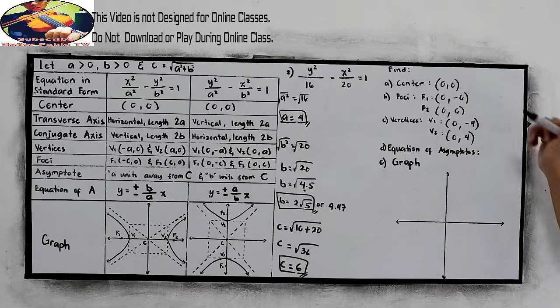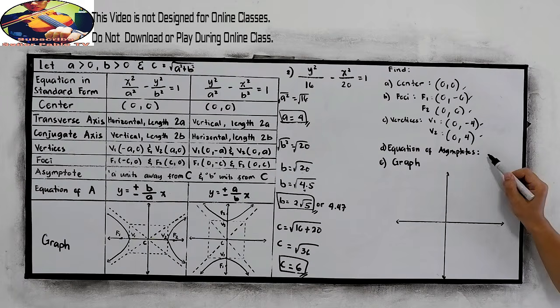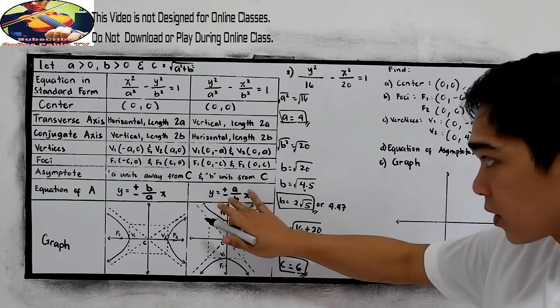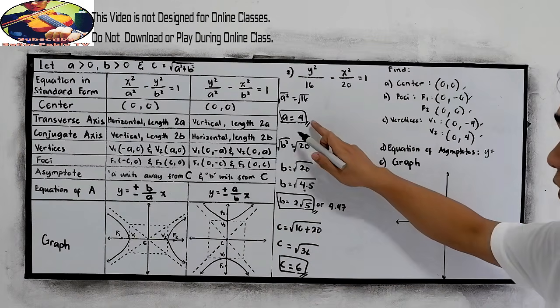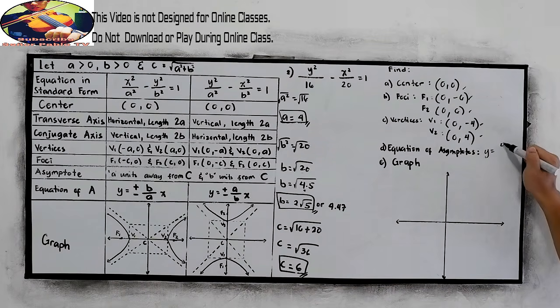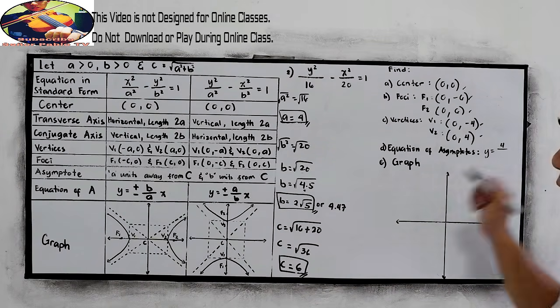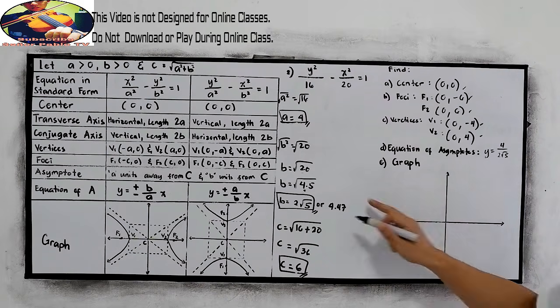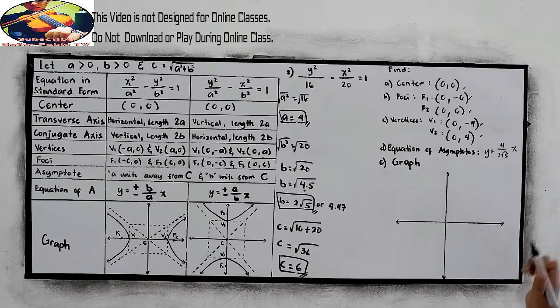Next, the equation of the asymptote. So y is equal to a over b, so we have 4 over our b, 2 square root of 5, then x.